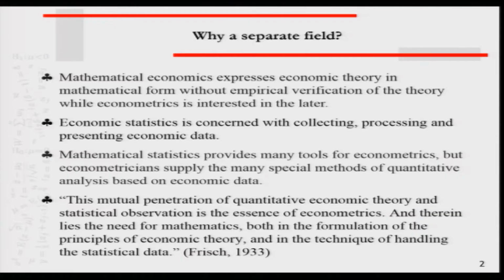He introduced the term econometrics in 1926. So what did Professor Frisch say? He said that this mutual penetration of quantitative economic theory and statistical observation is the essence of econometrics, and therein lies the need for mathematics, both in the formulation of the principles of economic theory and in the technique of handling statistical data.